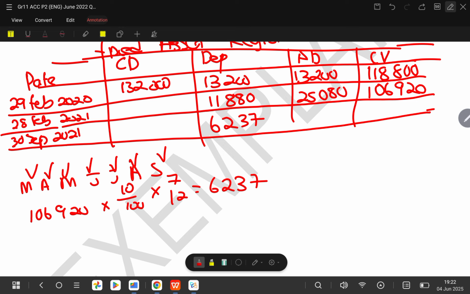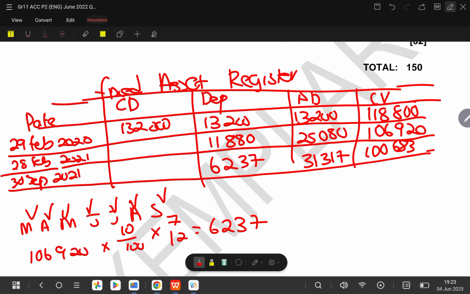So 6,237 plus 25,080 gives us 31,317. Then let's get the carrying value: 132,000 minus 31,317 gives you 100,683.